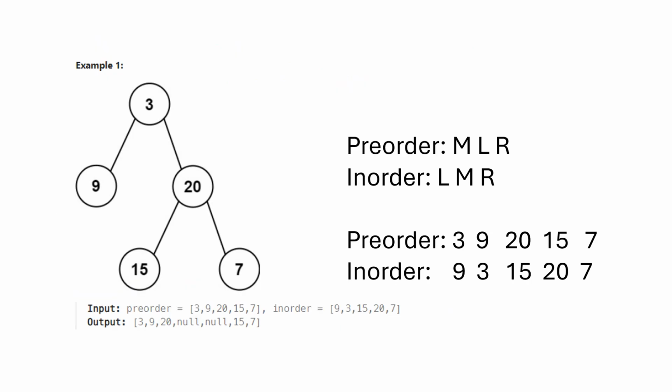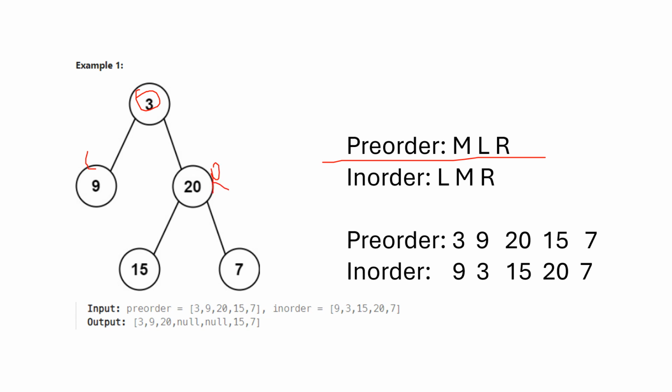Okay, before we jump to the code, I want to first explain how to reconstruct a binary tree with a pre-order and in-order. As we know, the pre-order is given like this. If we have a binary tree on the left-hand side, we traverse first the middle element 3 here, then come to the left, and when we finish the left, then we come to the right.